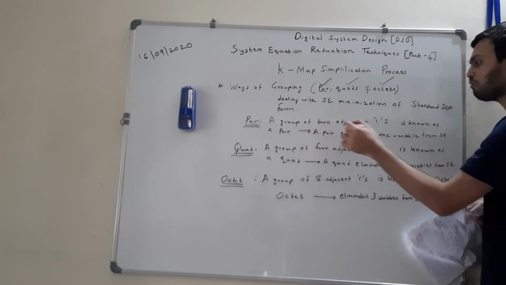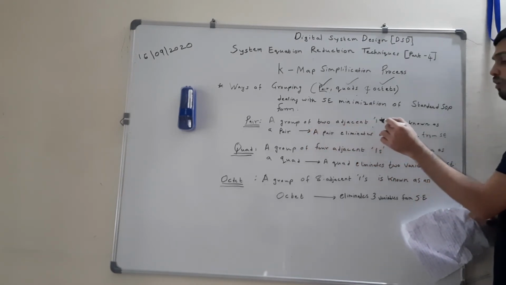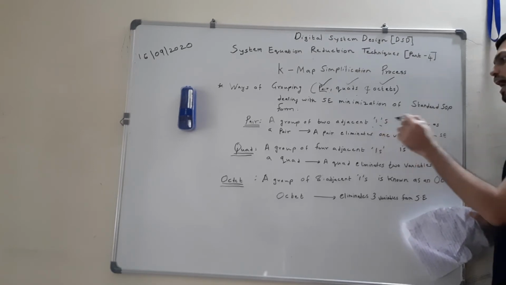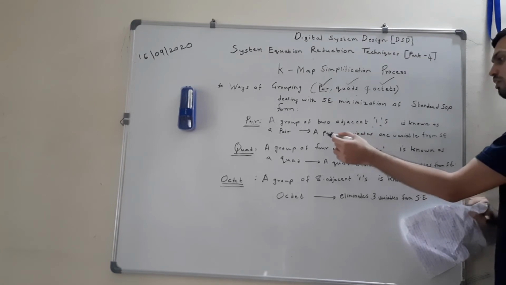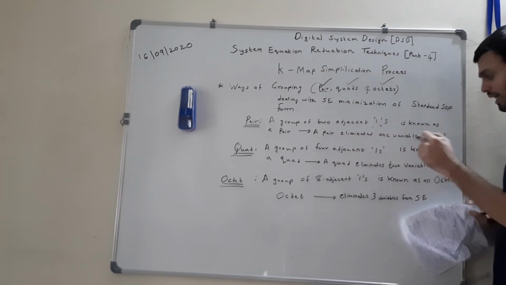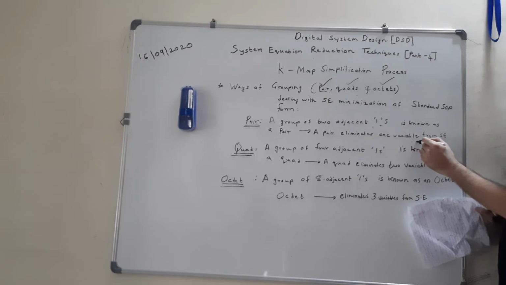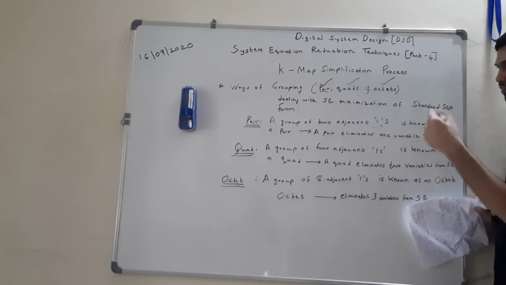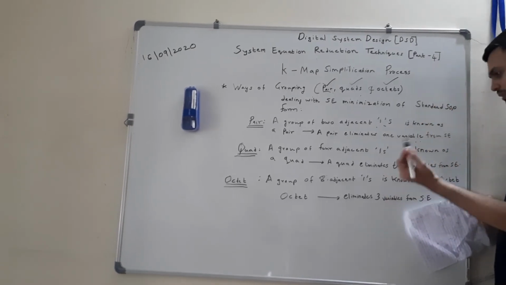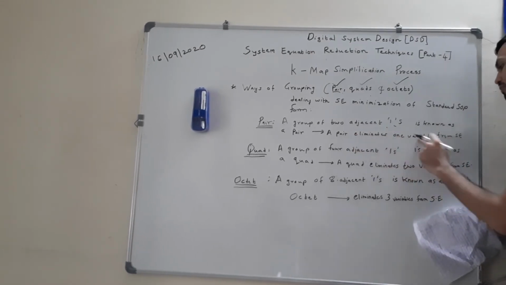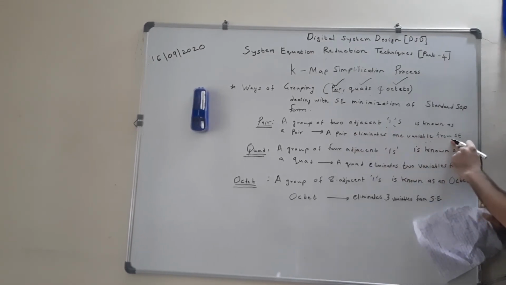A group of 2 adjacent ones, that is, ones present in the adjacent cells which are eligible to be grouped, is known as a pair. So whenever we group one pair, we eliminate one variable from the system equation. Now this particular thing you will learn when I show you the rules of grouping, and I explain how we do grouping, and from that how we simplify a Boolean expression. But for the time being, remember that a pair eliminates one variable from the system equation.